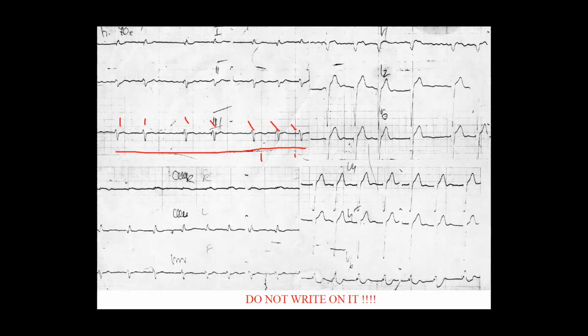And then, so it's already rhythmic, and then it starts to blink something in your mind. Well, you can go for the axis if you wish. Doesn't matter. Lead number 1 looks like positive. aVF is negative. Lead number 2 is negative.